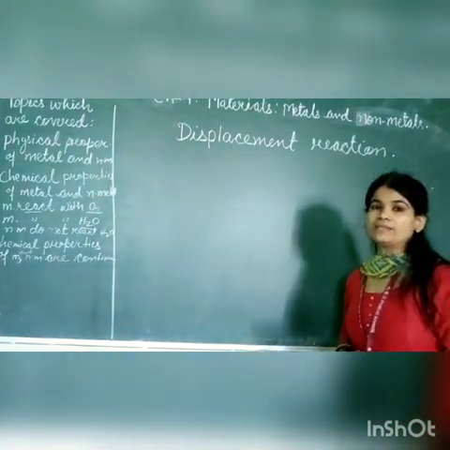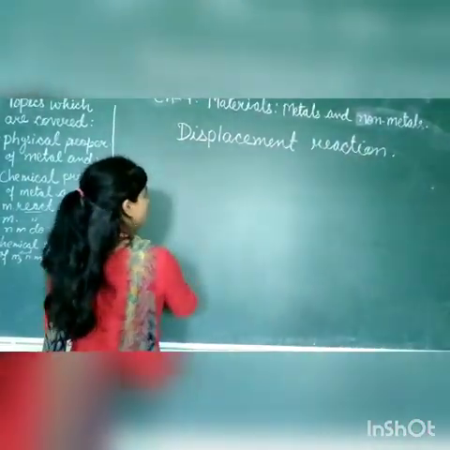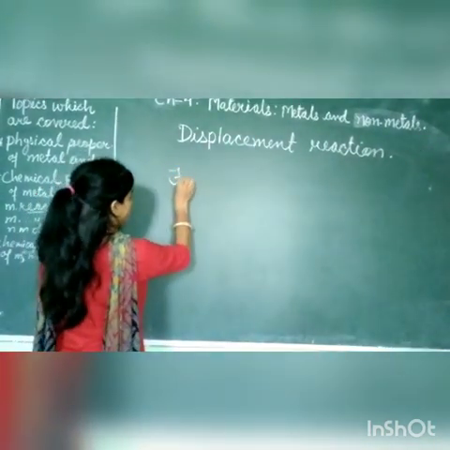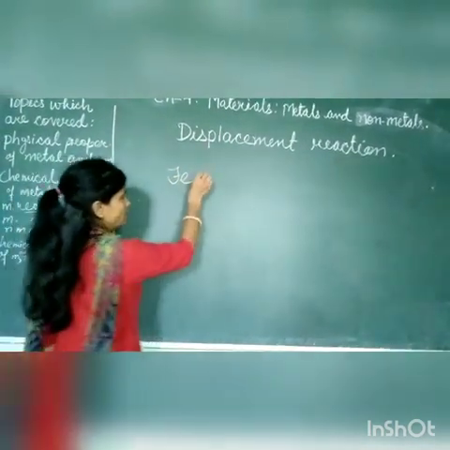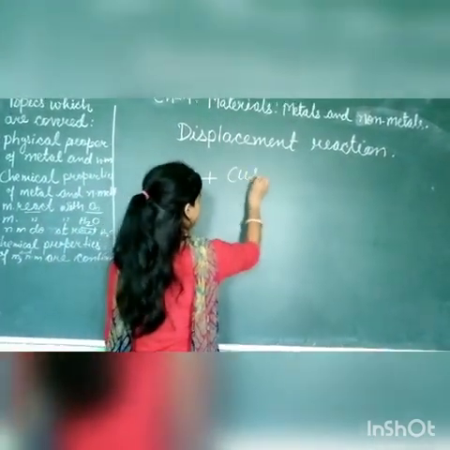You can understand this with the help of one equation. For this we will take a metal, iron, and a metallic compound, copper sulfate.